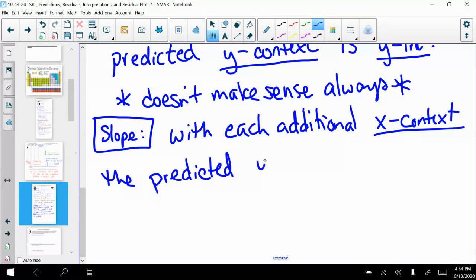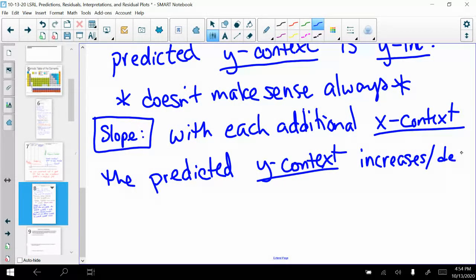And the predicted y in context, like the predicted atomic mass, increases or decreases by whatever our slope is. Obviously, the sign of our slope tells us which.